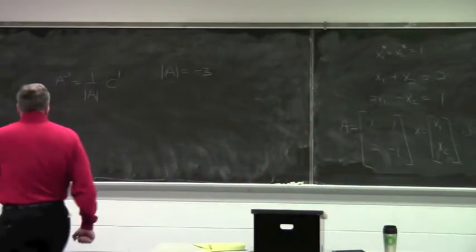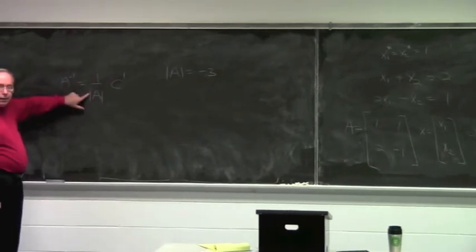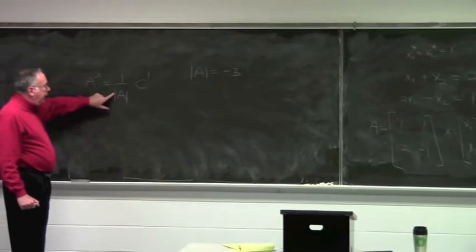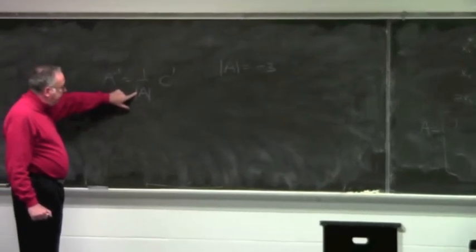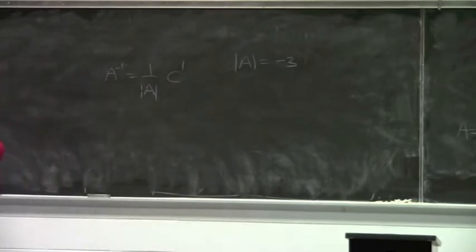How could you use this formula? What is 1 over 0? It's undefined. So had we found that the determinant of A is 0, we would stop. But it's not 0 in this case, so we can go on. In this case, in fact, we know that A inverse exists. And not only does it exist, it's unique.